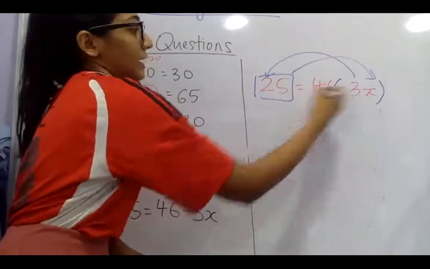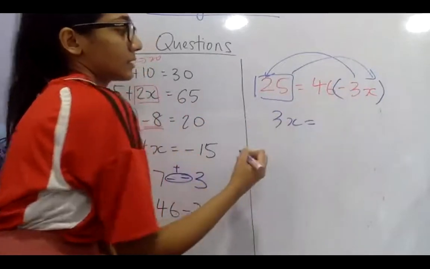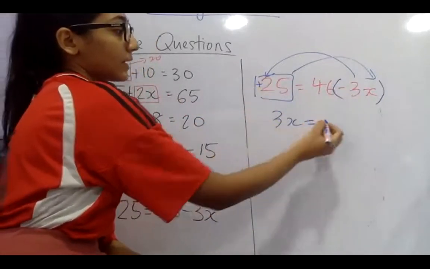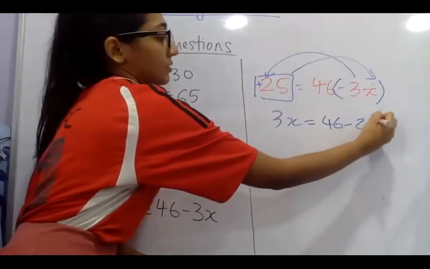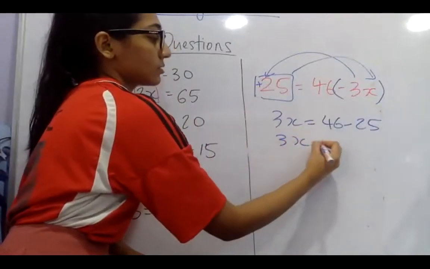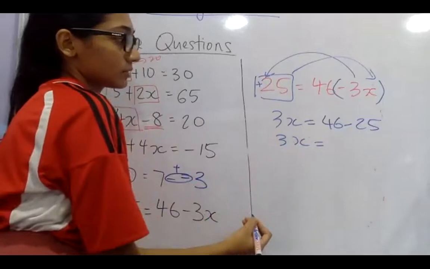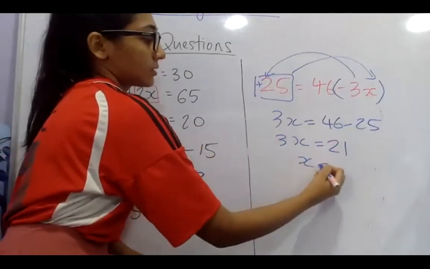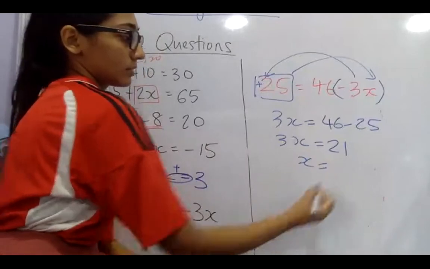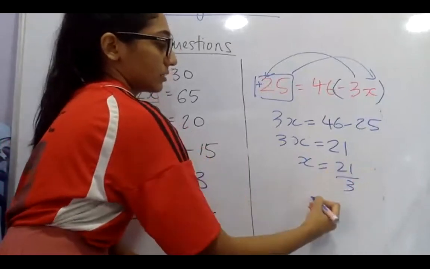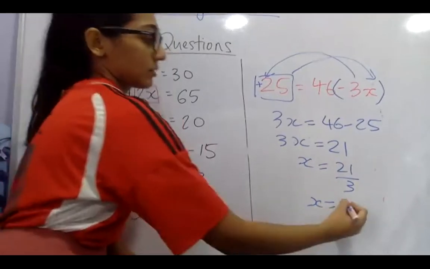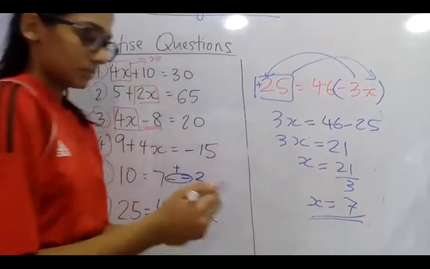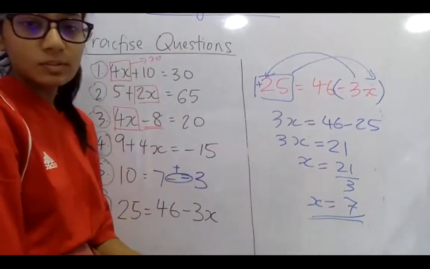So the negative 3x becomes positive 3x and the positive 25 becomes negative 25. 46 minus 25 equals 3x equals 21. x equals 21 divided by 3. Okay, x equals 7. Yeah, very good. So you should get x equals 7.